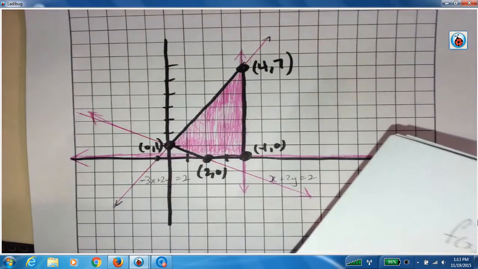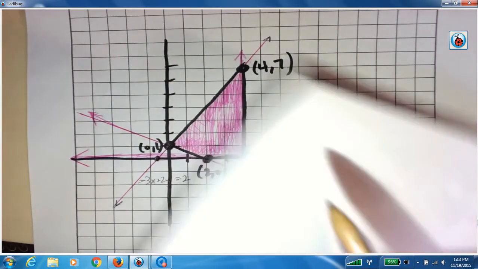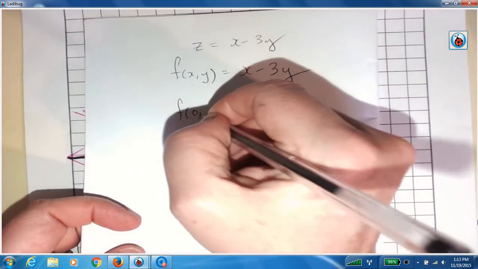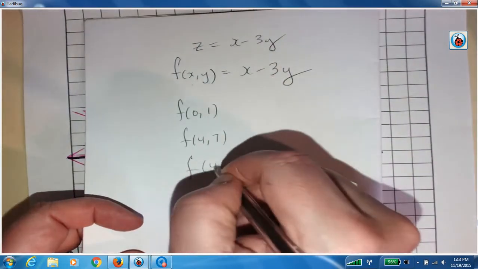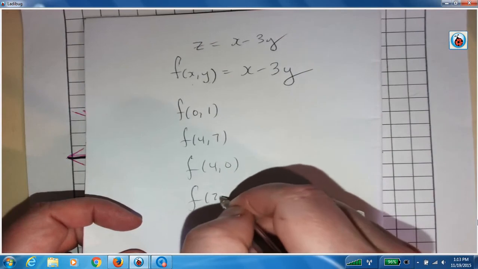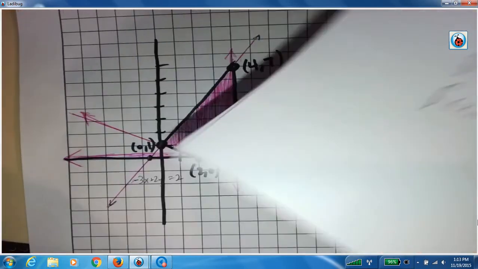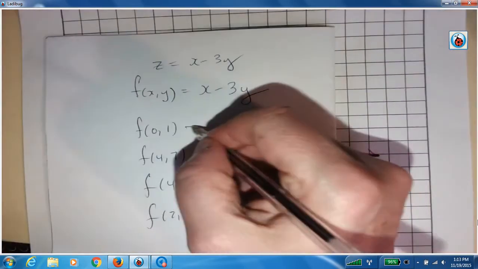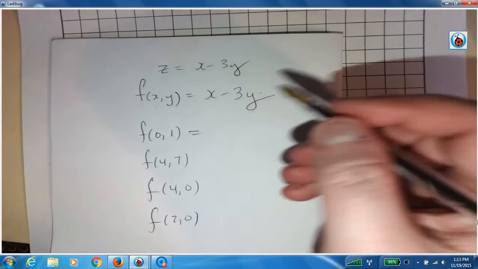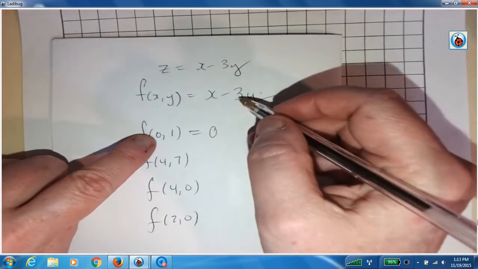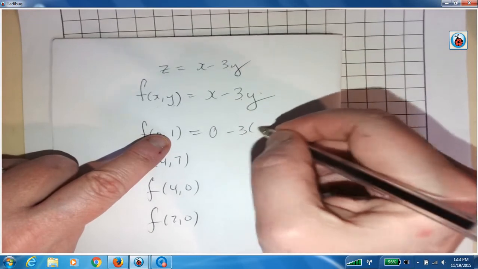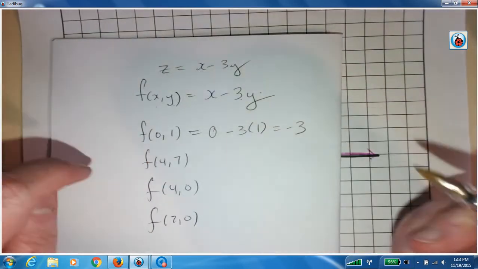So if I start here and go clockwise, I need to calculate those. So for this function that I've been given, I'm going to have x, which is 0, then minus 3 times y, so I get negative 3.